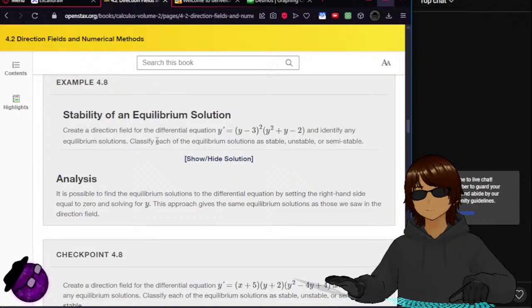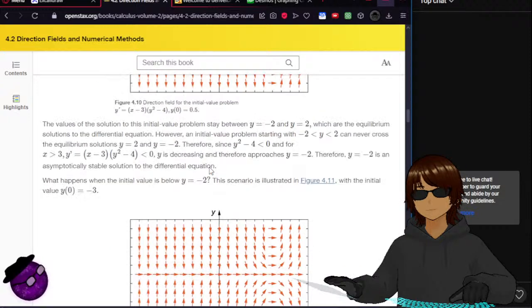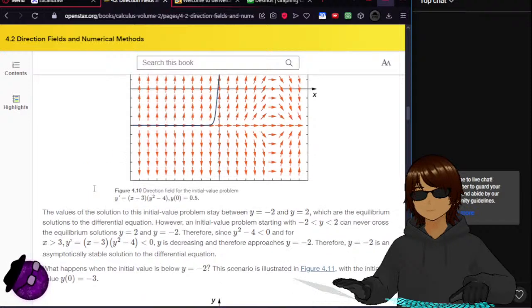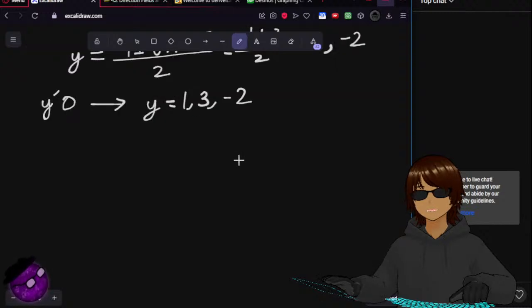Okay. Classify each of the equilibrium solutions as stable, unstable, or semi-stable. The derivative is constantly 0 at 1, 3, or negative 2, right?